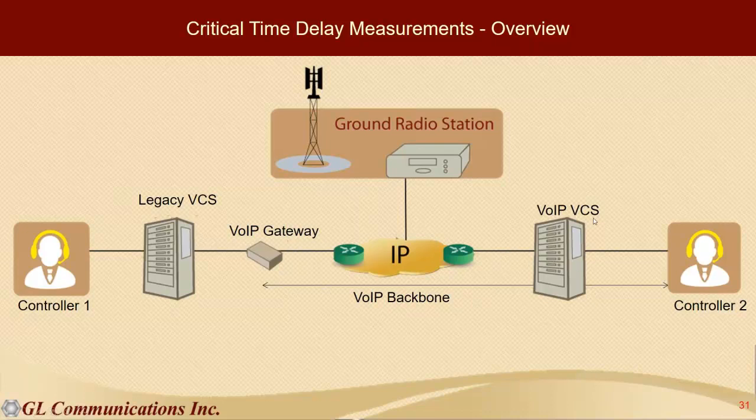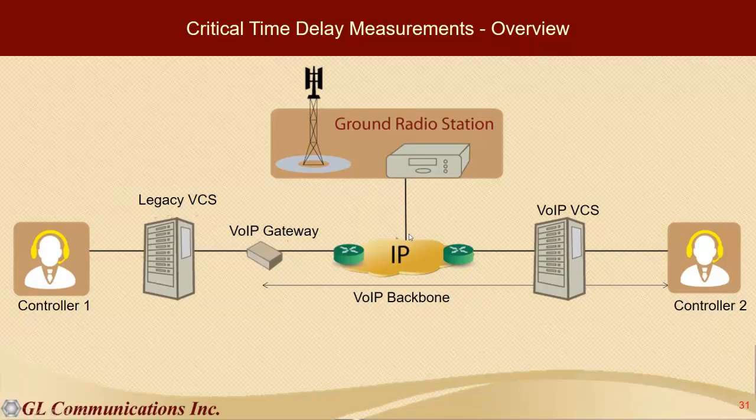Now on the far right, or this portion of the network, we have a VoIP VCS. So direct ED-137 to the VCS and then an additional CWP. So we're showing a legacy deployment with a VoIP gateway interface, and then a purely ED-137 VoIP VCS deployment. On the top side of the diagram, we're showing a ground radio station.